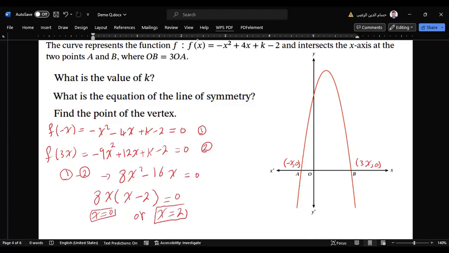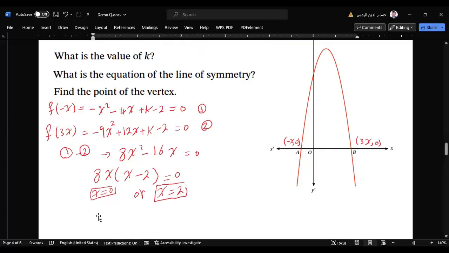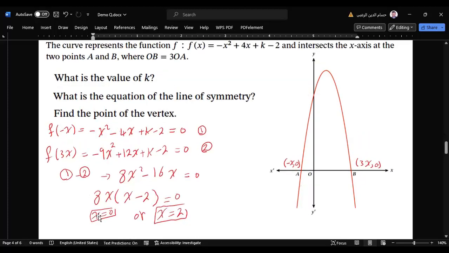Let's substitute with it in the equation here. It will be f of 2 equal... let's make it negative 2, because here the point will be negative 2 and 0, and here will be 6 and 0, when we put x with 2.